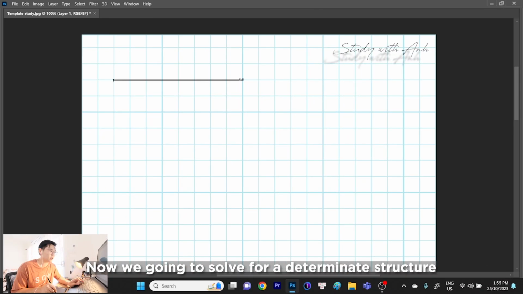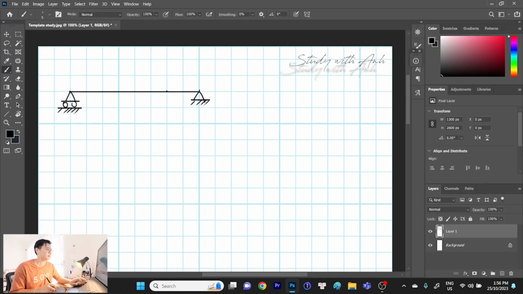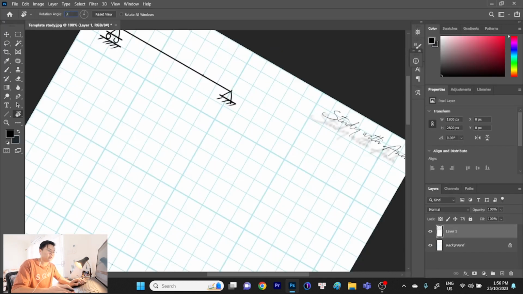So now we will solve for a determinate structure. As before, a roller and a hinge, and here's a load here. Let's make it a bit more tricky.